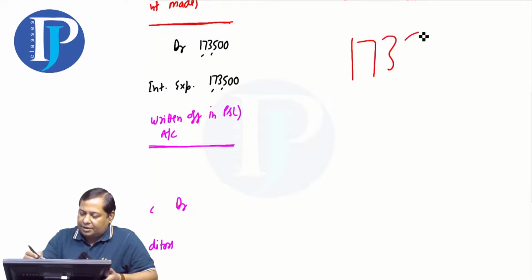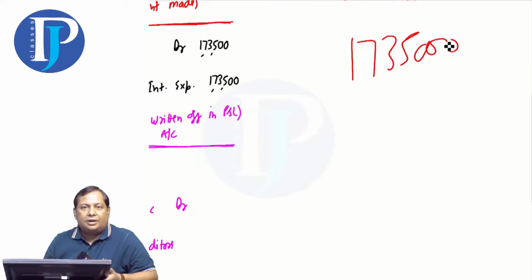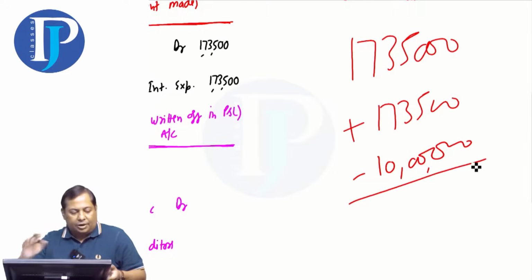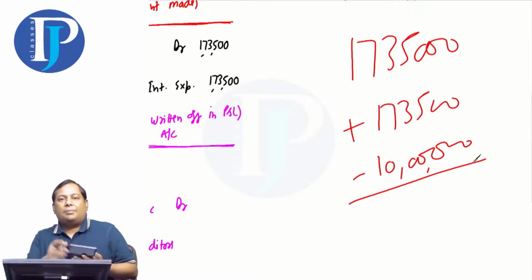So you had passed your first entry with 17,35,000 rupees. You had due interest of 1,73,500 rupees. And you made a payment of 10 lakh rupees. So you will have to do a rough calculation. What is the balance in your creditors account?